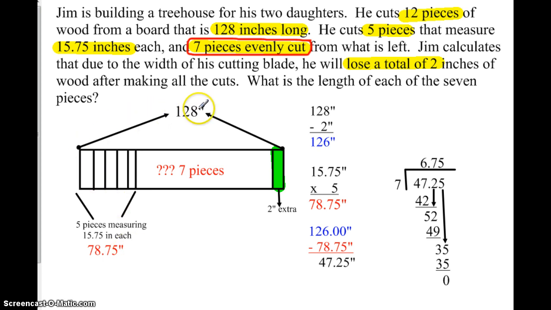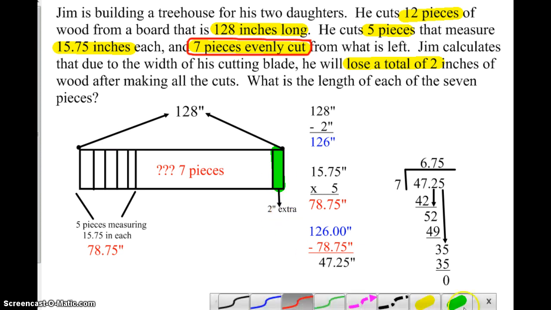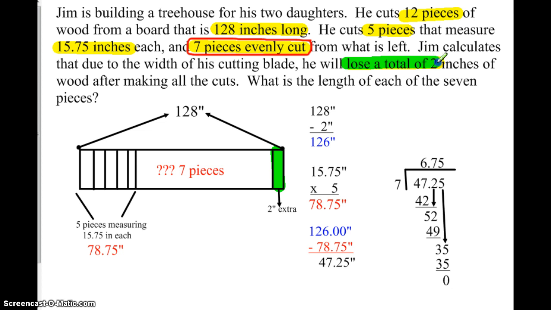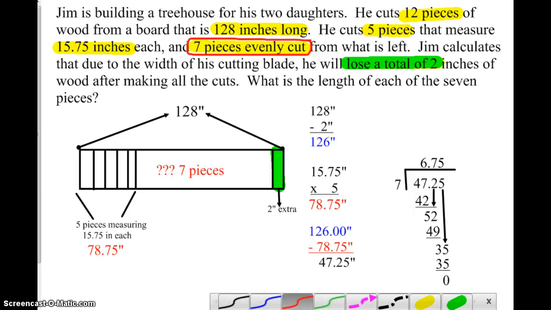I have the total 128 inches here, and this little section is my 2 inches, which is extra. He said he will lose 2 inches, so that's this part. So that's 128 inches minus 2 inches equals 126 inches total. That's what I'm actually working with, if you think about it.